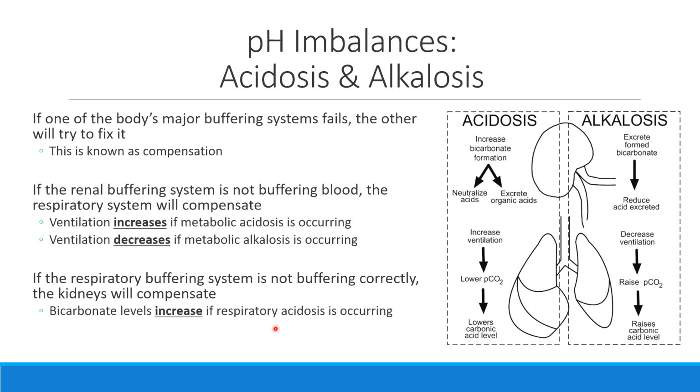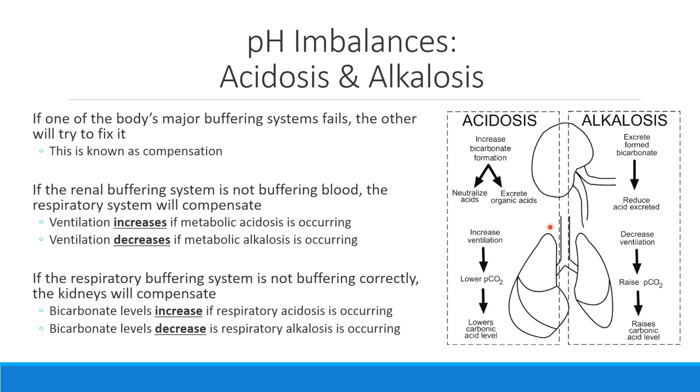So if we're in a state of respiratory acidosis, meaning we are acidic because of our sequestering of carbon dioxide, the kidneys will increase the level of bicarbonate ions that they have that are circulating in the bloodstream. If we're in respiratory alkalosis, the kidneys will actually release bicarbonate ions to get them out of the bloodstream to bring us back down to our normal pH.